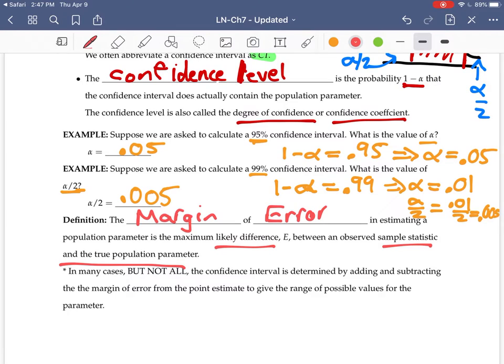That range of values will be our confidence interval. One case where it doesn't quite go this way is when we have distributions that are not symmetric. When we don't have symmetric distributions, we end up with a point estimate that is not right in the middle of the two ends of our confidence interval, so we're not adding the same margin of error to both sides.